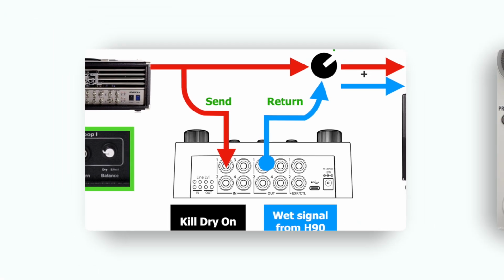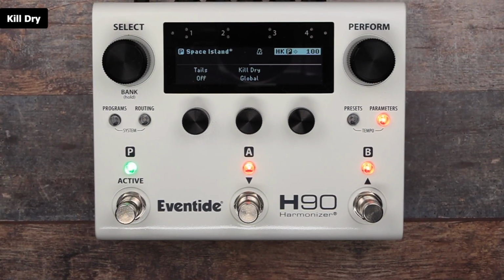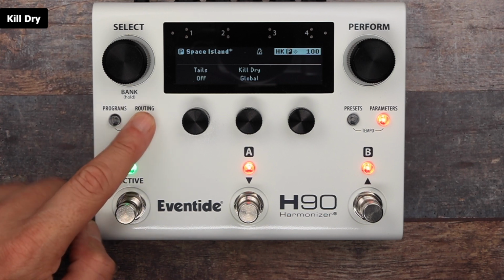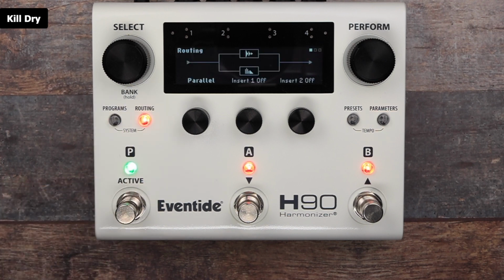Kill Dry is also useful to control signal running through a program. Say we are running two algorithms in parallel. If we bypass one without Kill Dry engaged, there's a perceived change in volume because we're mixing the dry signal of the bypassed path on top of the signal going through the other algorithm.